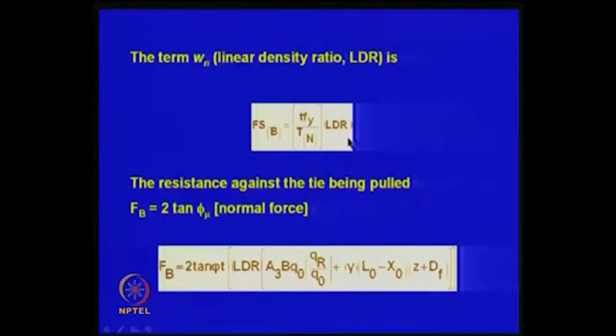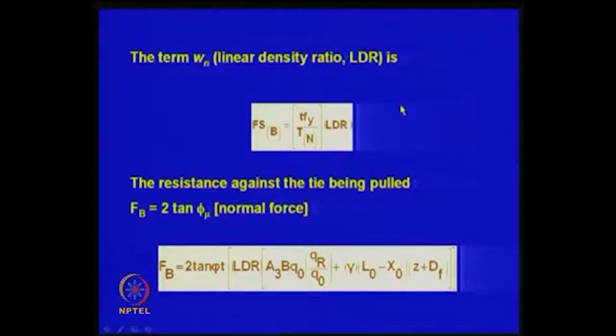It is just a series of tension members, and the term Wn is nothing but the linear density ratio. We use a term for how many members are present, that is what is called linear density ratio.